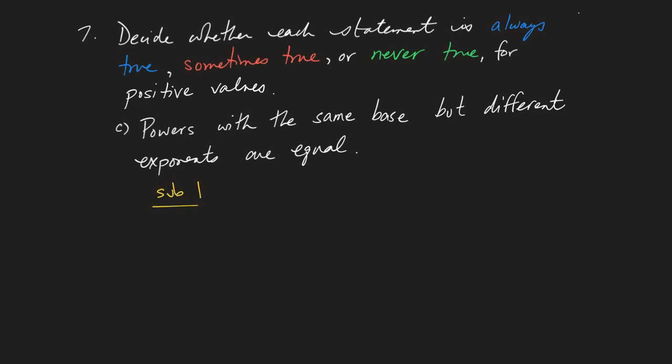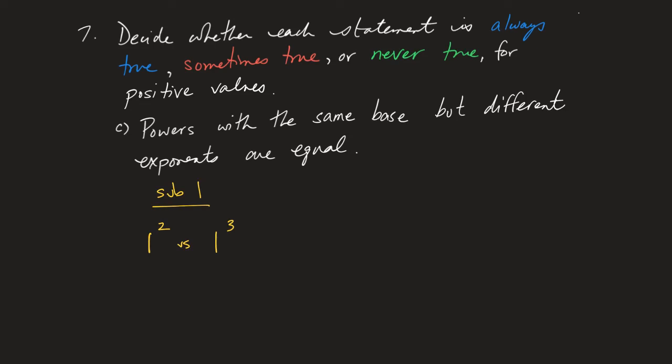So, maybe we have a case where we're going to try the easiest number to work with. We're going to try 1. Powers with the same base but different exponents are equal. Okay, so let's create that situation. Powers with the same base. I'm going to use a base of 1, but different exponents. So maybe I pick like an exponent of 2 versus an exponent of 3.